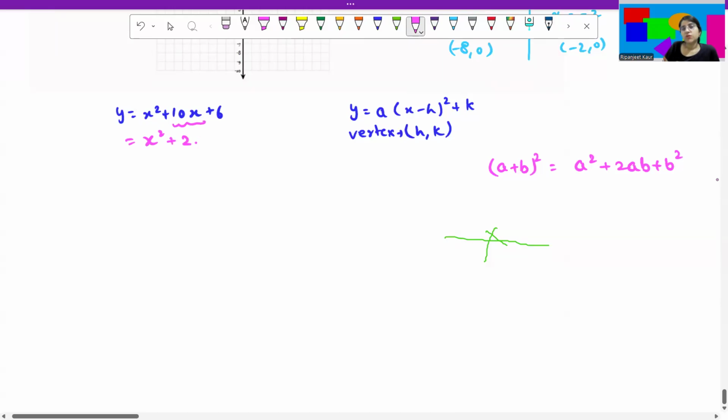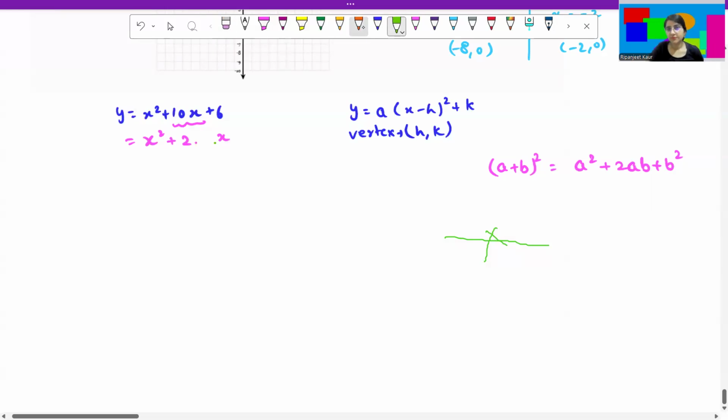So 2 times, what should we write here? X is needed. What should be written here? 2 times ab. What should be the ab? We want the combination to make a 10x. What should be the other number, other than 2 and other than x?